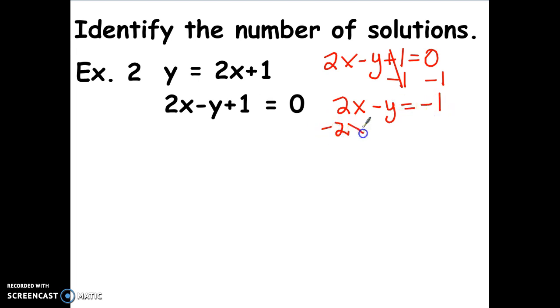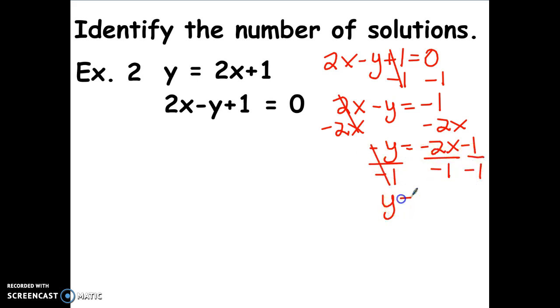Now I'm going to subtract 2x. Left with -y equals -2x minus 1. Lastly, we need to get rid of this negative, so I'm going to divide everything by -1. And I'm left with y equals 2x plus 1.